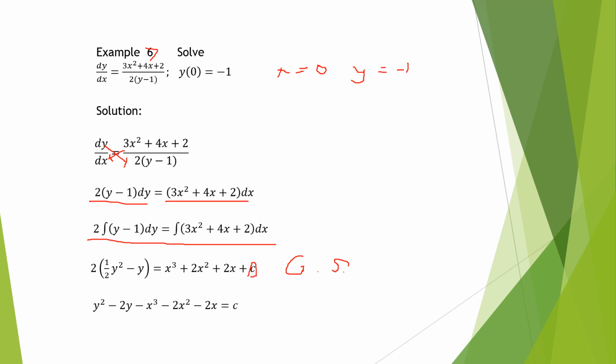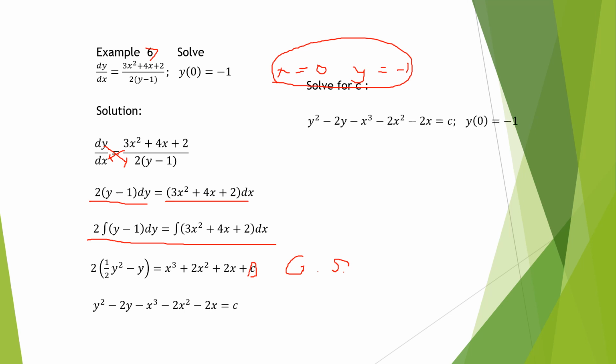This simplifies into y squared minus 2y, and then transfer the x cubed, 2x squared, 2x there to the left. This is our general solution. Then to find the value of c, you have to substitute this initial condition: when x is 0, y is negative 1.